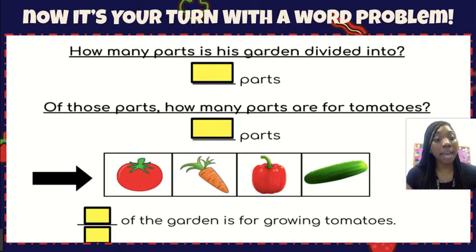And when you come back, we are going to check our work because Ms. Dennis is going to show you the answer so you can check your work. So remember, you are telling me, well, how many parts are in his garden? What fraction is he growing tomatoes? And how many parts are just for tomatoes?